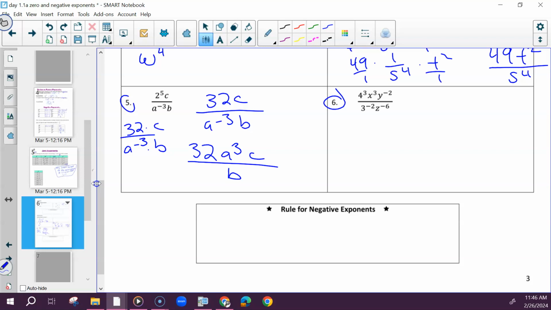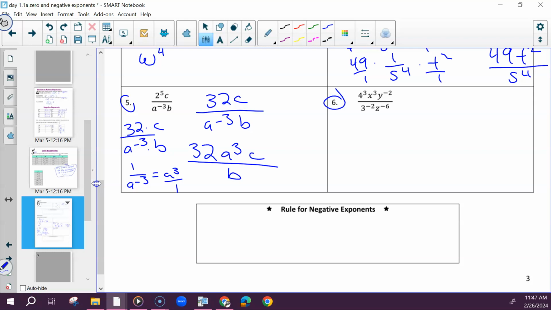Tyler, did you have a question? Because it's in the denominator, which means this is really 1 over a to the negative 3rd. And if I were to rewrite that, I'd take it and flip it and make the exponent positive. And since this is in the numerator of this fraction, it would be over.